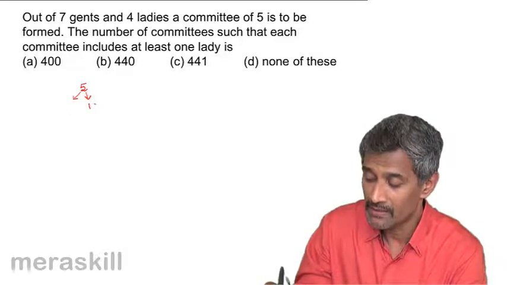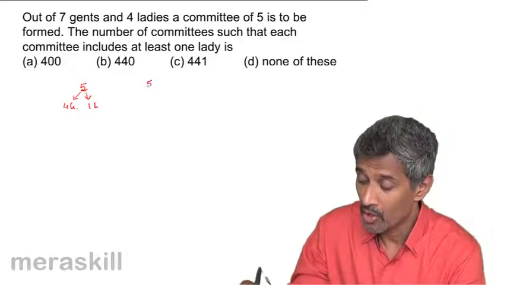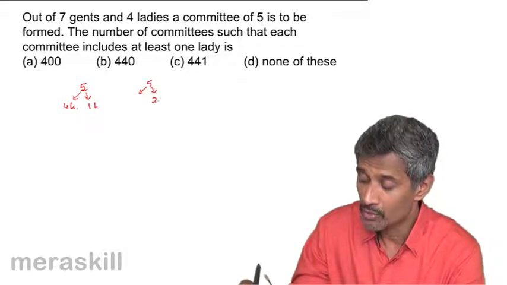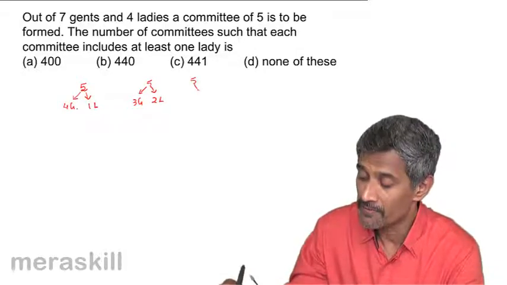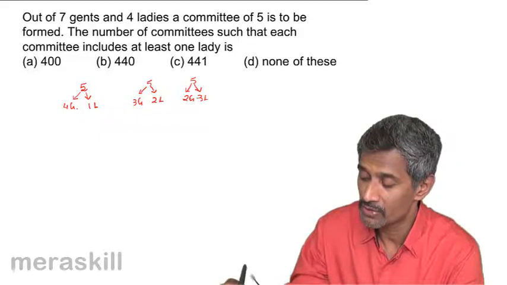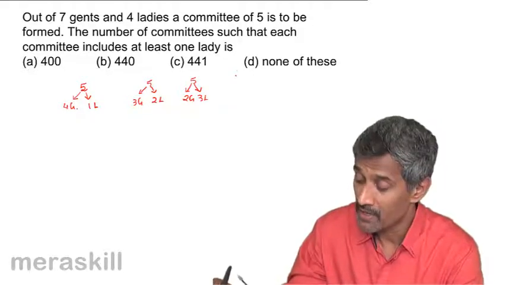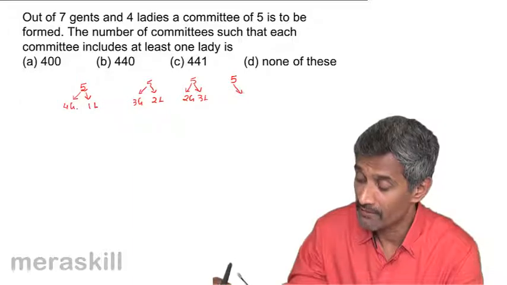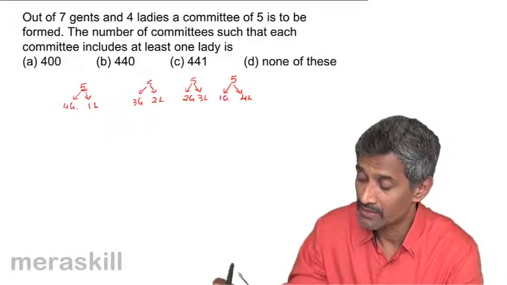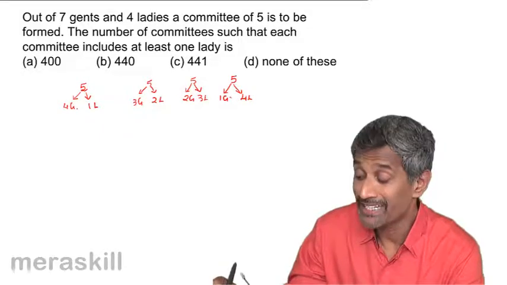1 lady and 4 gents, or 2 ladies and 3 gents, or out of 5 you have 3 ladies and 2 gents, so the total still remains 5, or out of 5 you have 4 ladies and 1 gent, since it's told at least 1.